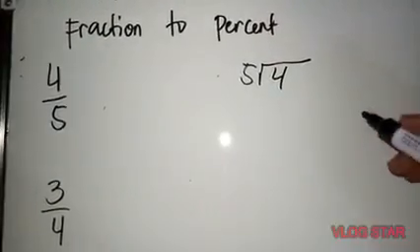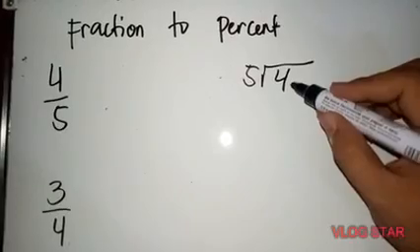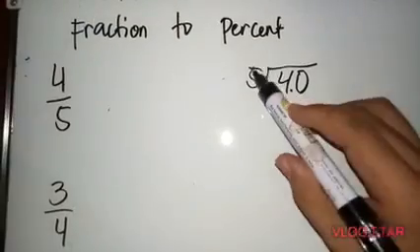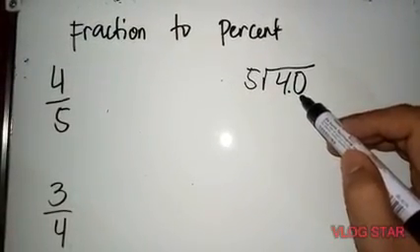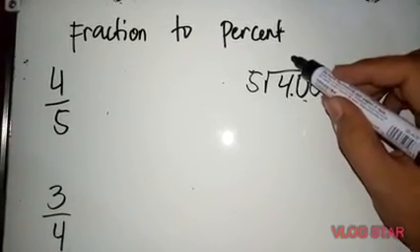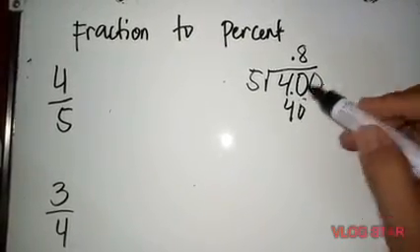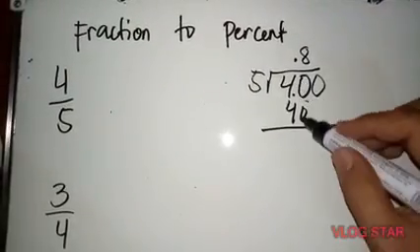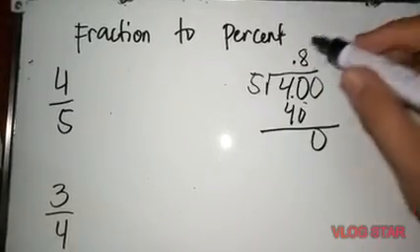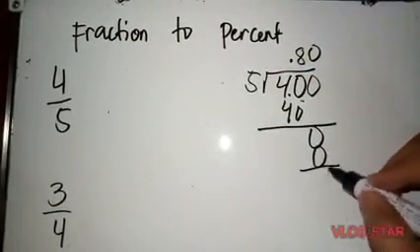So 4 divided by 5 cannot be, that's why we need to add 0. Add one 0. So 40 divided by 5 is 8. 8 times 5 is 40. Then 40 minus 40 is 0. Then bring down 0. 0 divided by 5 is 0. 0 times 5 is 0.